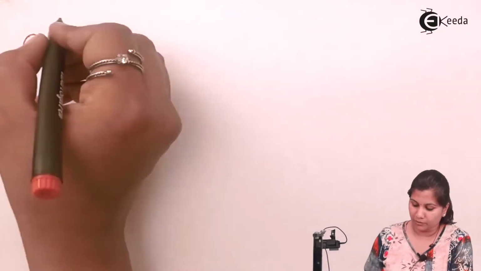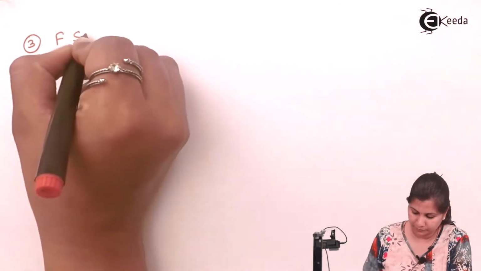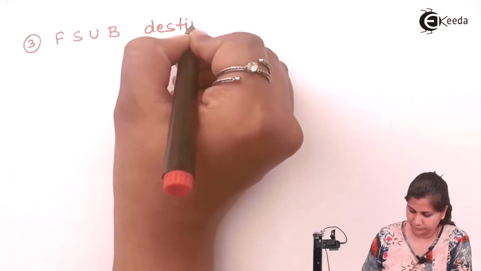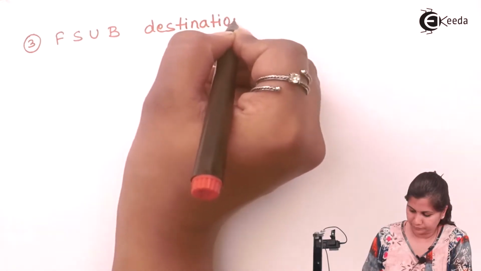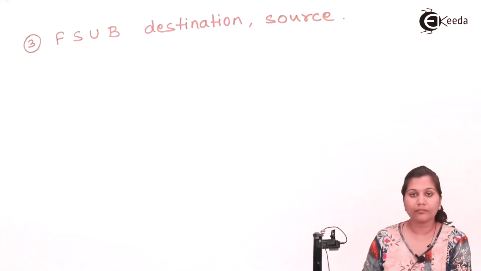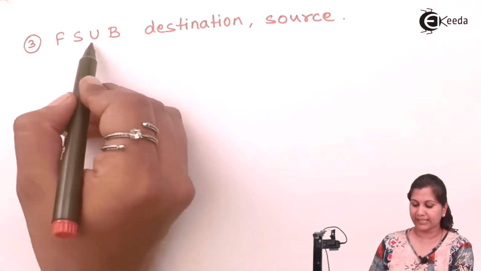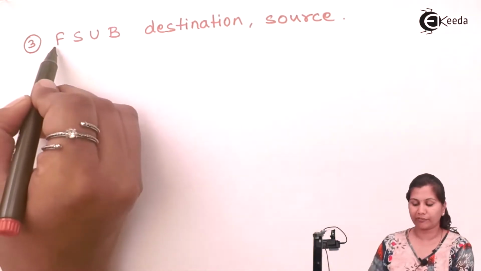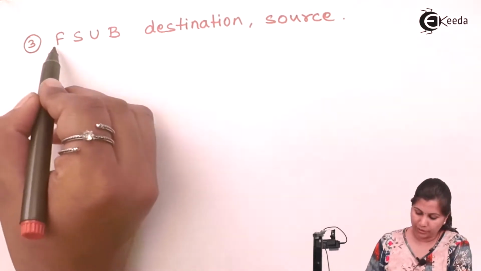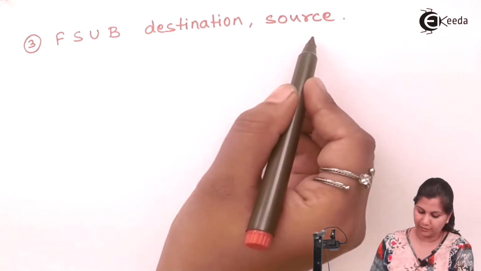After that, we have the third instruction, which is for the subtraction. So SUB is for subtraction, F is the mnemonic for all the instructions. Okay. So FSUB, destination and source.